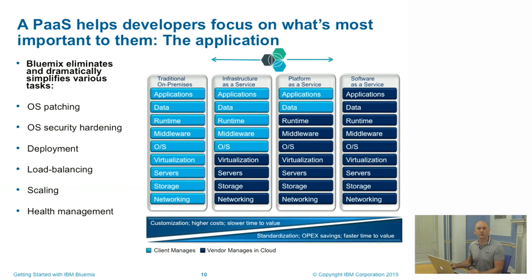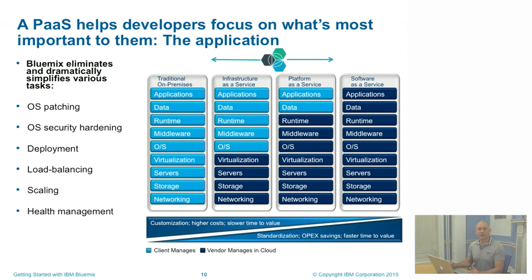Traditionally, a developer had full control of the infrastructure. They could specify exactly the environment they needed their application to run in. The enterprise or the organization then had to manage the infrastructure, purchase it, configure it, install it, and then manage the applications in that runtime. Then we saw the introduction of infrastructure as a service.